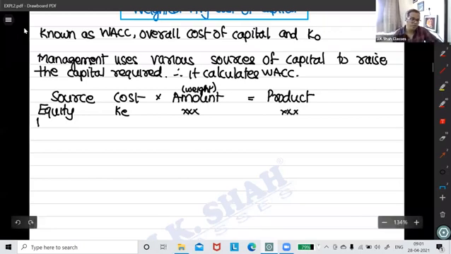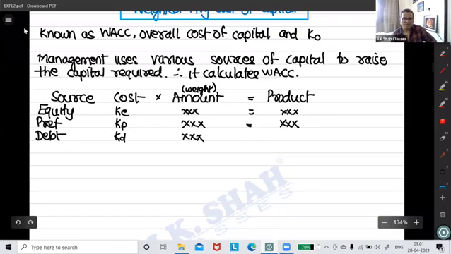Then preference, cost KP, amount, multiply, give the product. Then debt, cost KD, multiply by the amount, with the product. Reserves and surplus, KR, multiply, product.